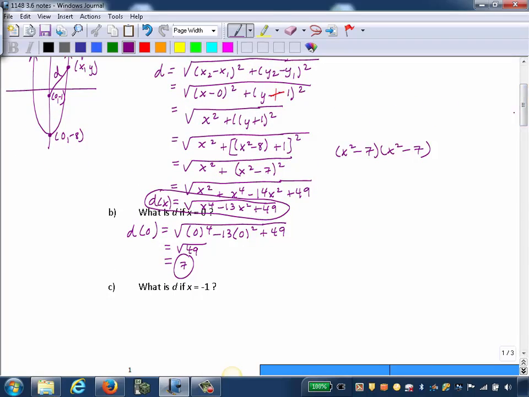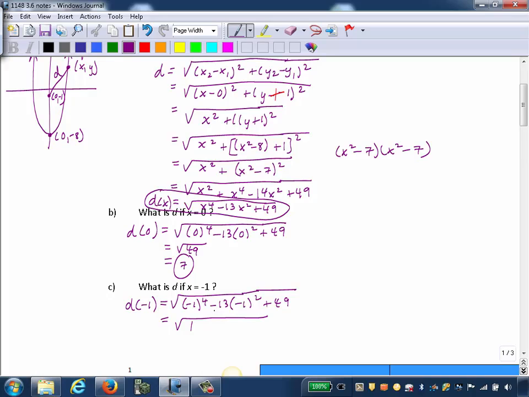Part C, what is d if x equals negative 1? I'll substitute in a negative 1 for x. So I want the square root of negative 1 to the fourth minus 13 times negative 1 squared plus 49. Simplifying here, negative 1 to the fourth is 1.